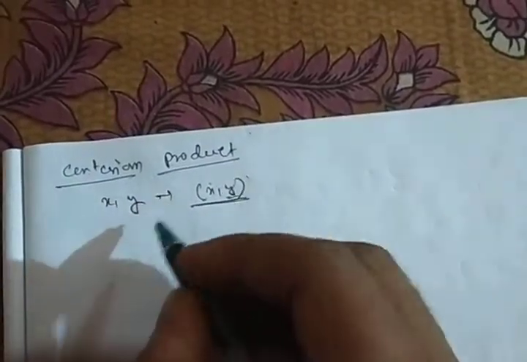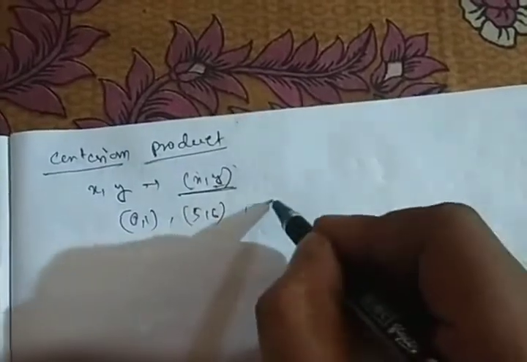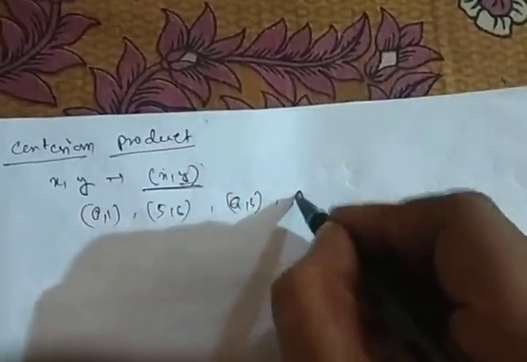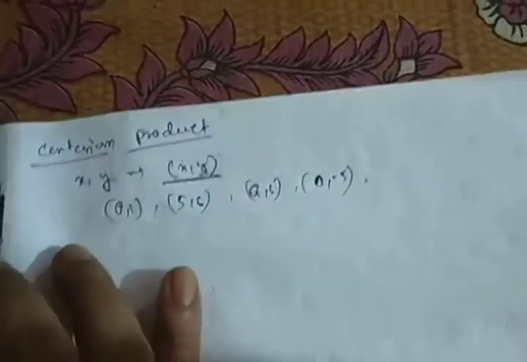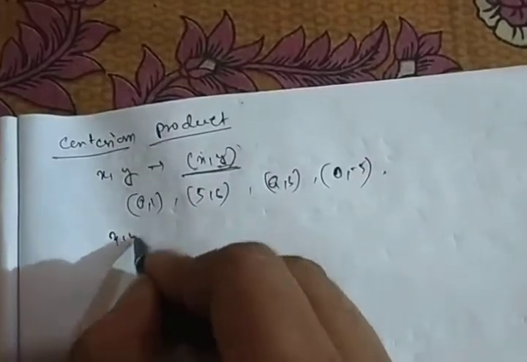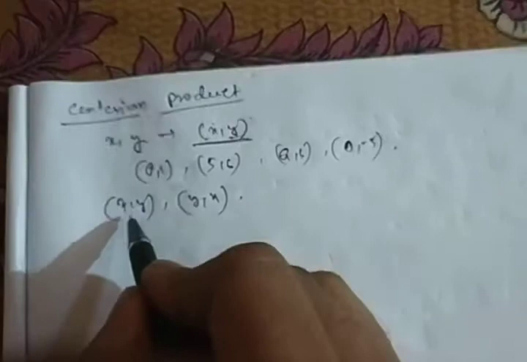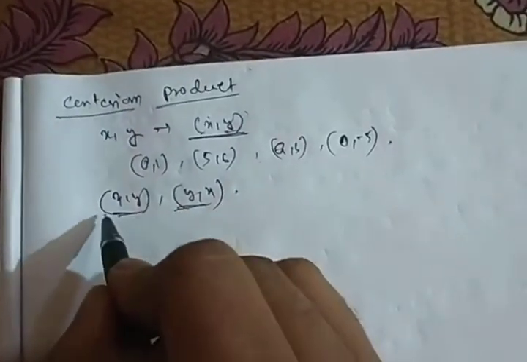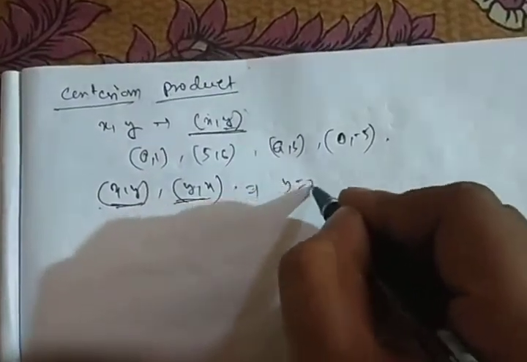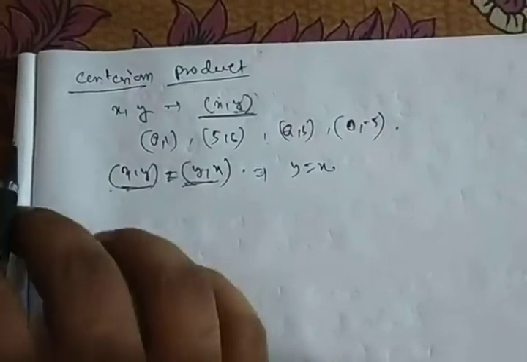As an example, we can write (0, 1) is an ordered pair, (5, 6) is an ordered pair, (a, b) is an ordered pair, (0, -5) is an ordered pair. Now, necessarily two ordered pairs (x, y) and (y, x) are not equal. They will be equal if y equals x.